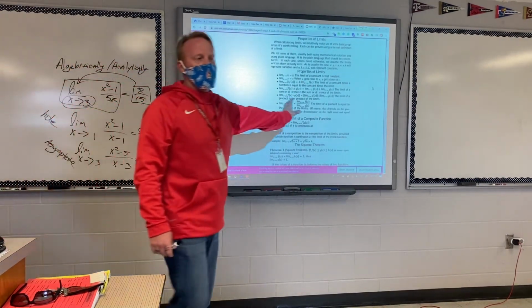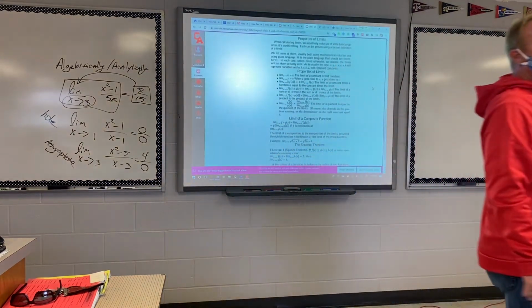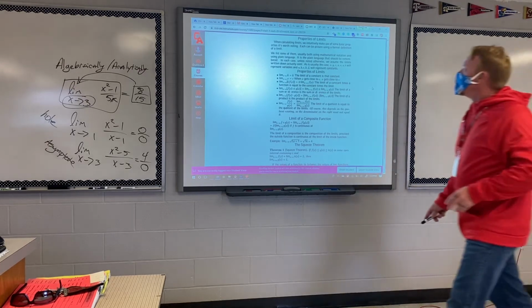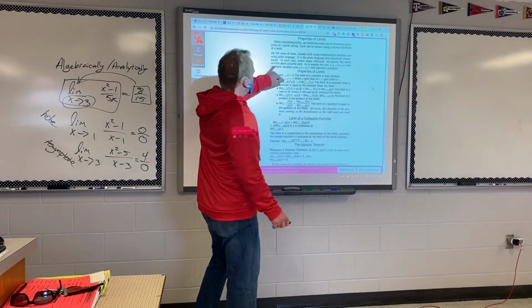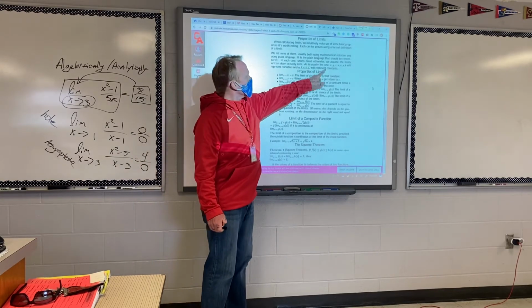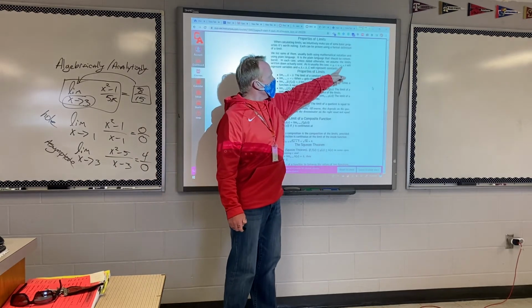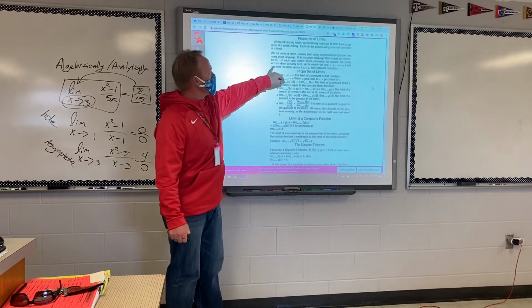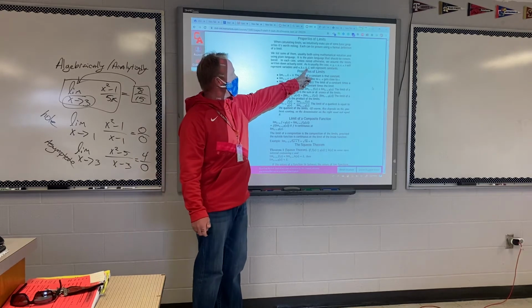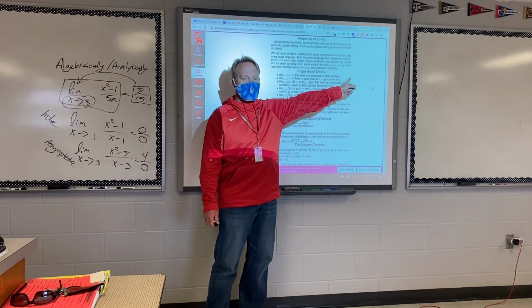And here's the deal about the properties. Hopefully, they make common sense to you. You're like, oh, well, that makes sense. That's what I would naturally do. Before we get into the properties, I want to point out something here. It says usually X, Y, Z, U, V, S, and T will represent variables, and A, B, C, K, and L will represent constants.